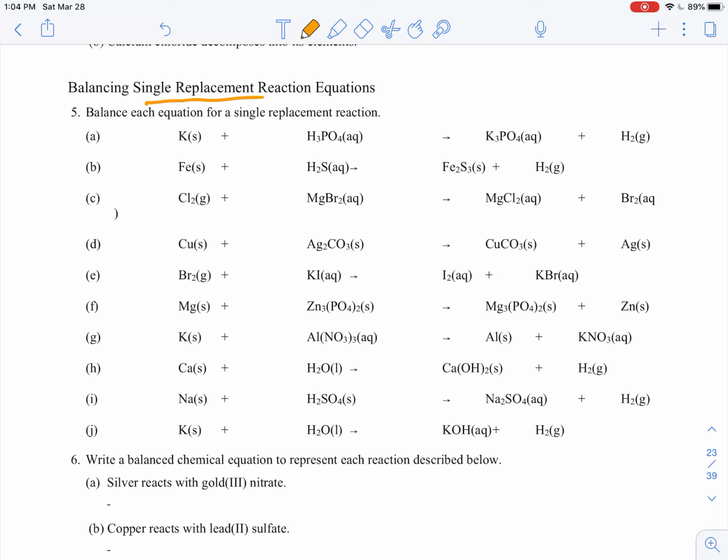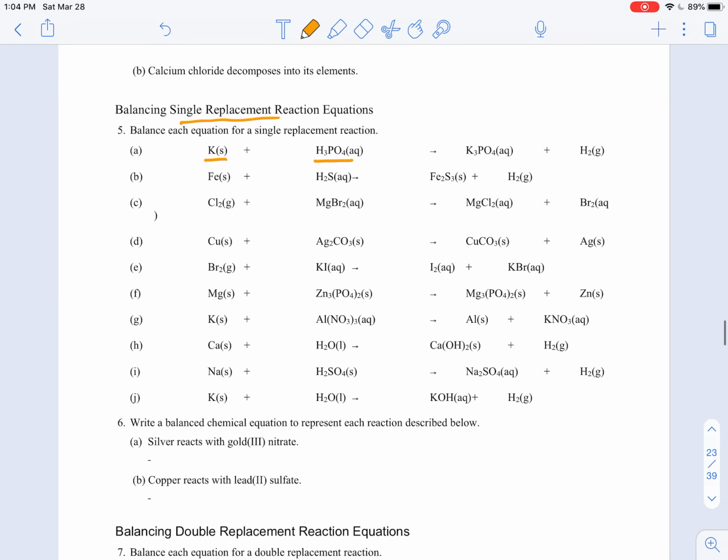All right. Some of them, as you go on to page 24, it will be a mix. But these here are all single replacements, so that you're practicing how to exchange the one component in here and balance it that way.